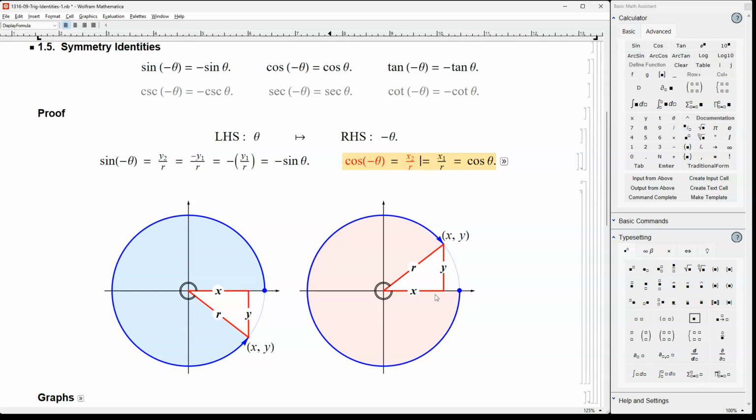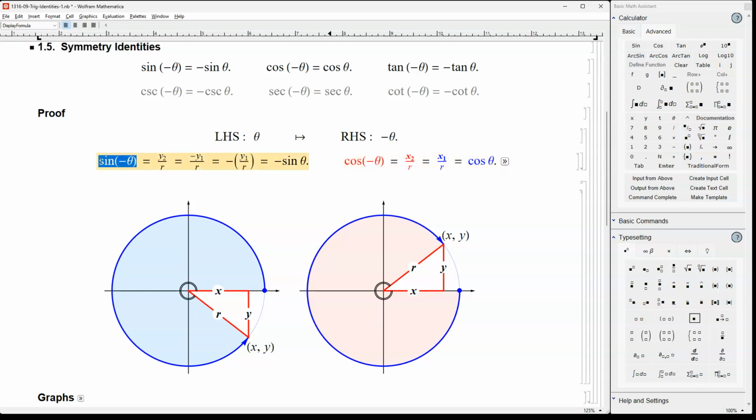But what is this x in the first picture? It's the same x-coordinate. This x2 and x1 are the same. So no negative, so we just get cosine of theta. All right?